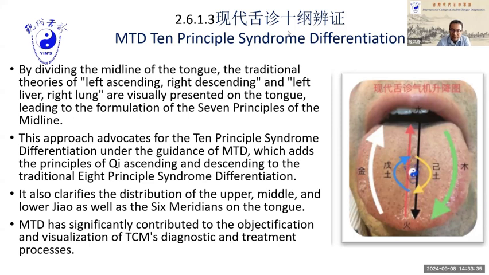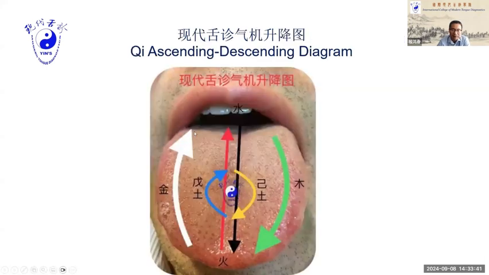I'll give you, following this picture, it shows 3 pairs of the qi movement. The green and the white ones are the liver and the lung qi movement. The liver qi is mainly for ascending, the lung qi mainly for descending.